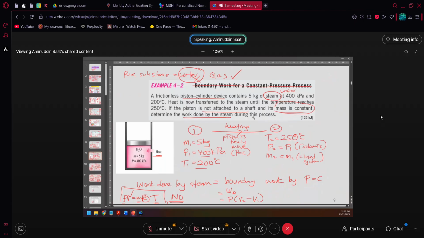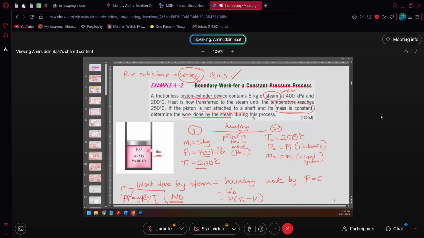Logically, when you heat the water, what happens to the water inside of the container? There will be some reaction which is related to the expansion. Normally, when you heat any fluid, whether it is water or gas or refrigerant, the fluid will try to expand. So basically, the volume is increased and creating some temperature increment for this particular process.